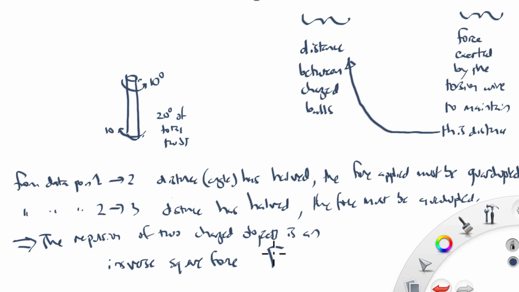The force of repulsion, I'll write this mathematically, is proportional to 1 over the distance squared. Okay, so every time you have the distance, a half squared would be a factor of 4. So it's going to produce 4 times as much force of repulsion.